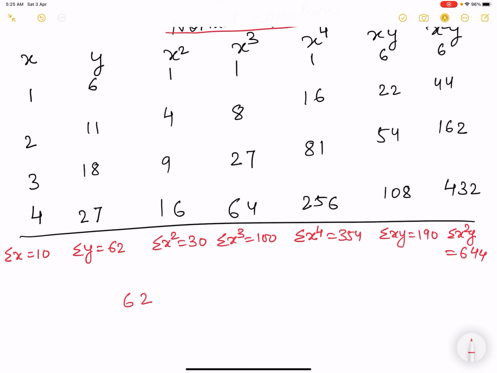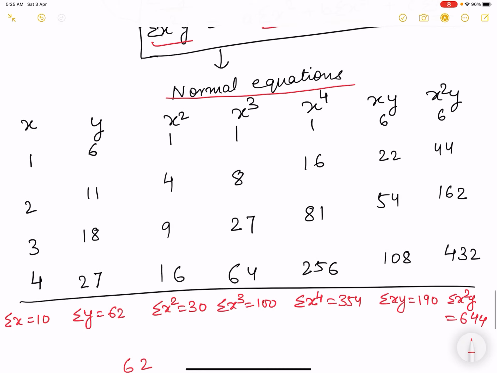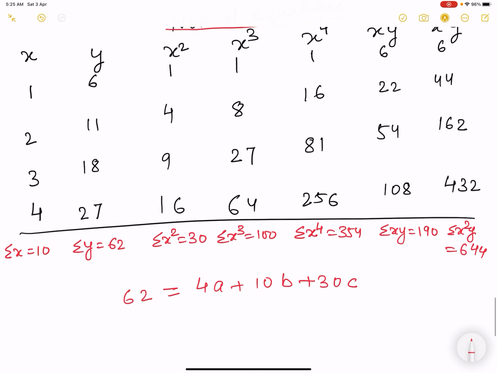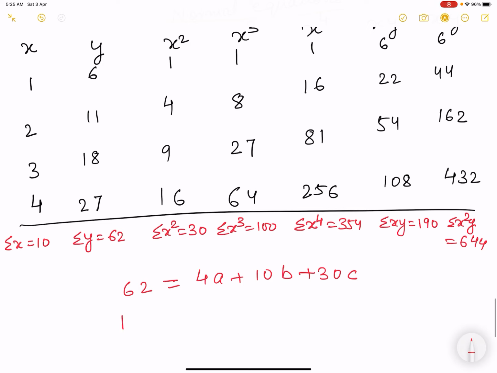So sigma y is 62 equals 4a plus 10b plus 30c. Similarly sigma xy is 190 is equal to 10a plus 30b plus 100c, that is sigma x cube, 100c.